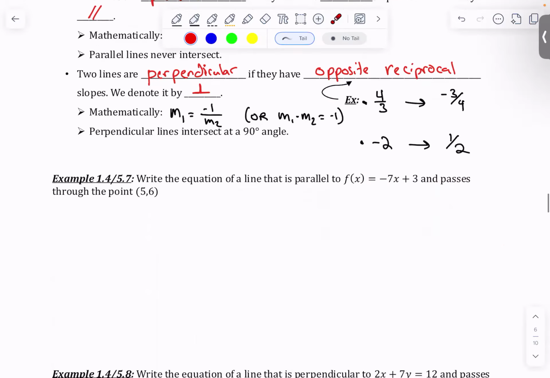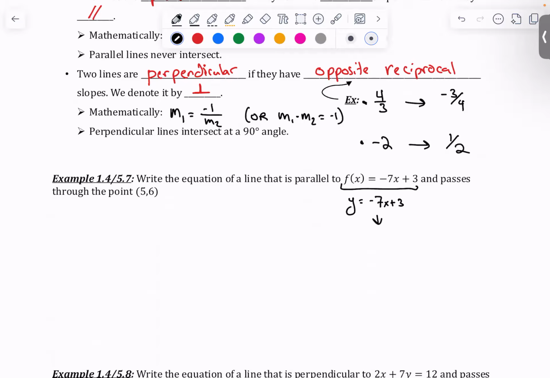So write the equation of a line that is parallel to f of x is equal to -7x plus 3 and passes through the point (5, 6). So f of x is equal to -7x plus 3. That is a line just written in function notation. And we want a line that's parallel. So our given line is y equals -7x plus 3.